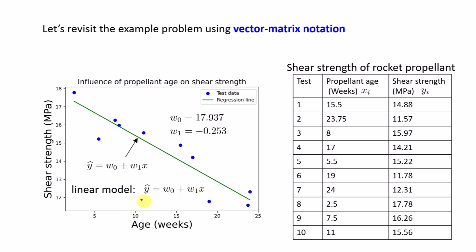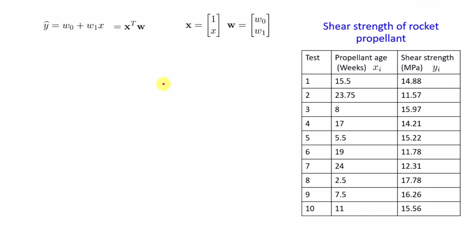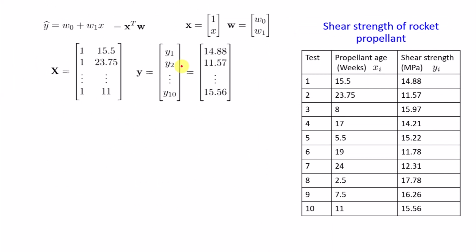Now, if you want to calculate this using this vector matrix technique that we have learned, then you have to first define this X matrix and y vector. X will have first column 1, and second column, in this case there is only one regressor, so the second column will be 15.5, 23.5, etc. The y vector is all the numbers in the third column in our experiment.